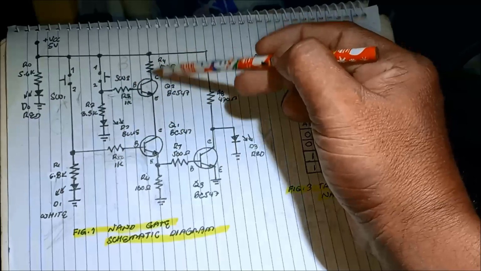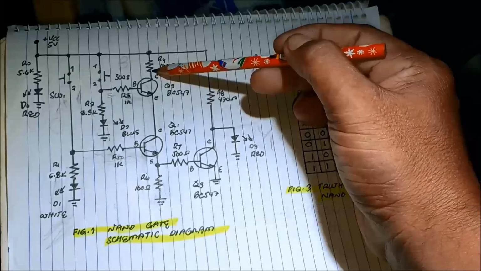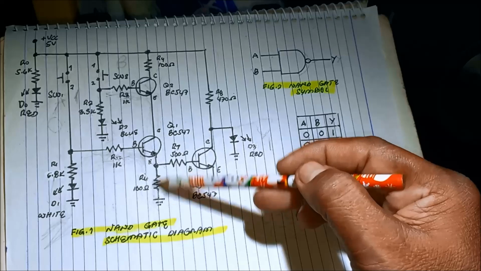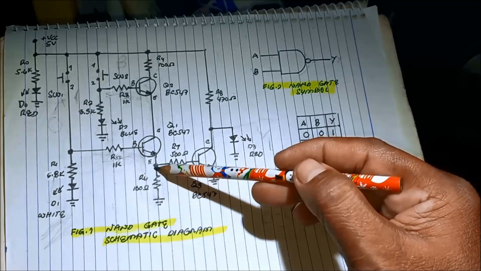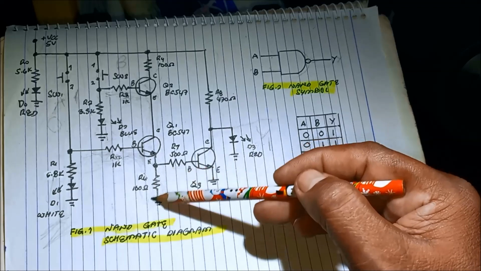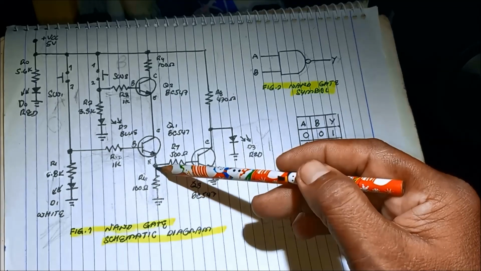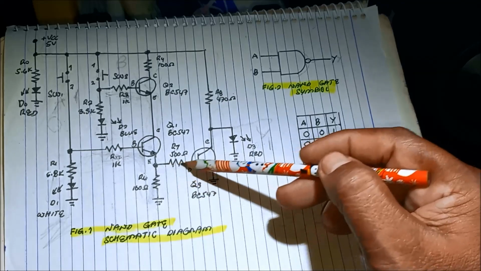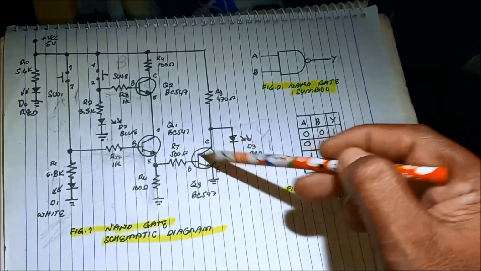And this one is a coupling resistor. So all the current flows here, and the current also flows into the 5 ohms, making this transistor turn on.